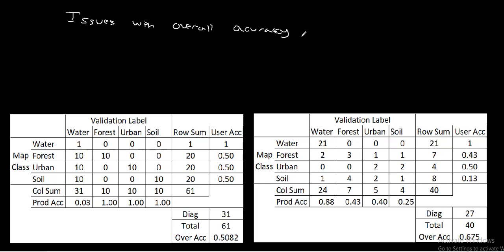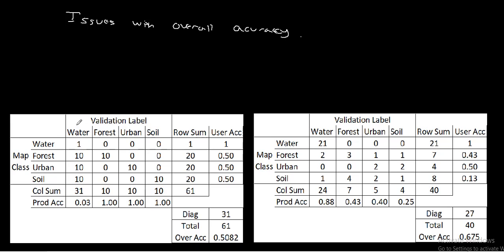We talked about user's accuracy, which was how accurate the map we've made is, and producer's accuracy, which is how accurately the model would classify new data. My hope is that in this video we'll get a better understanding of why we need each of those numbers, and what the biggest weakness of overall accuracy is, and why we're going to talk about something called kappa in the next video.